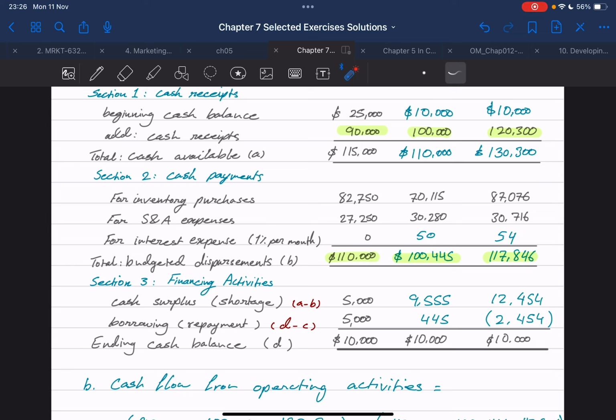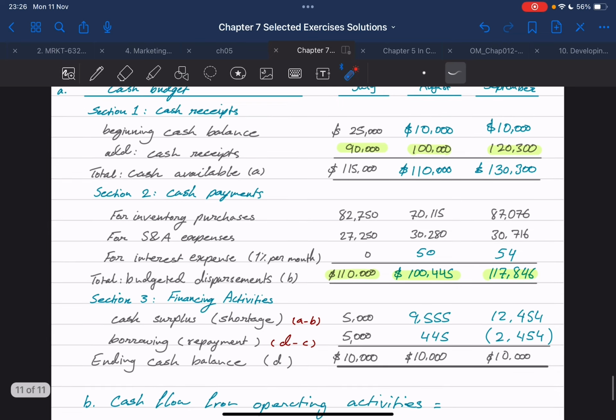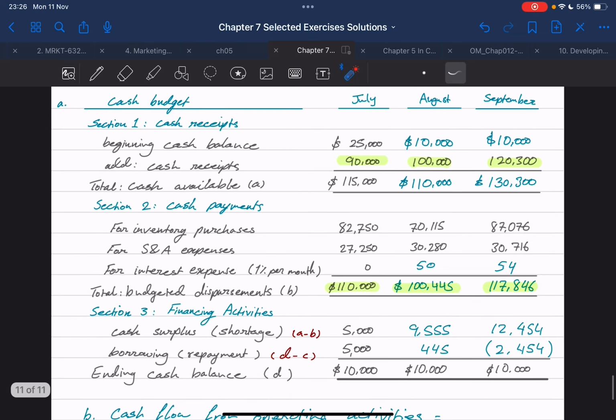And whenever they borrow, they're going to have to incur interest, and they're going to have to make repayments as soon as they have the cash to cover those repayments.